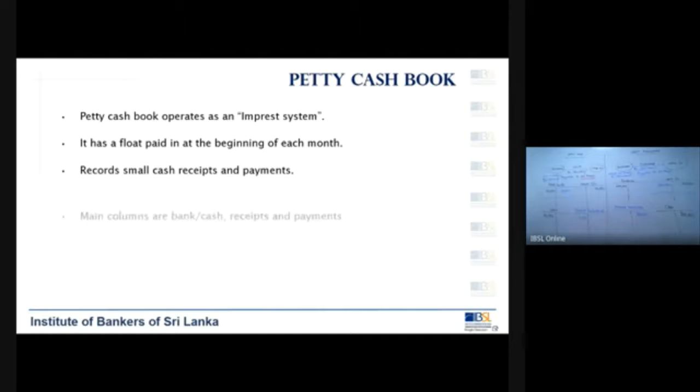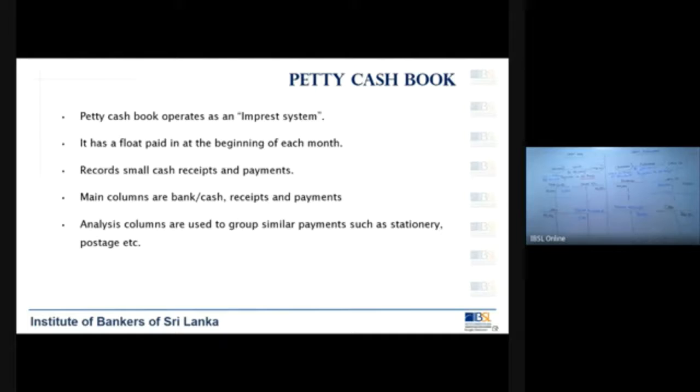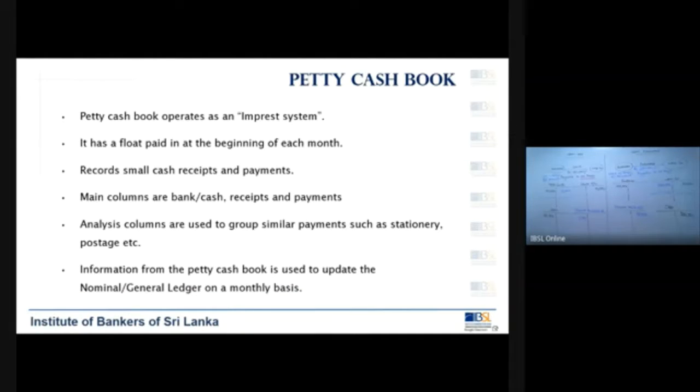Generally, the receipt is from the main cashier that you get, but on the other side, it will be mostly the payments. The main columns will be again bank, cash, receipts, and payments. Then you will also have some columns to understand what type of expenses that you have incurred. At the end of the month, you will furnish all this information to your main accountant or the cashier to update it in the general ledger.